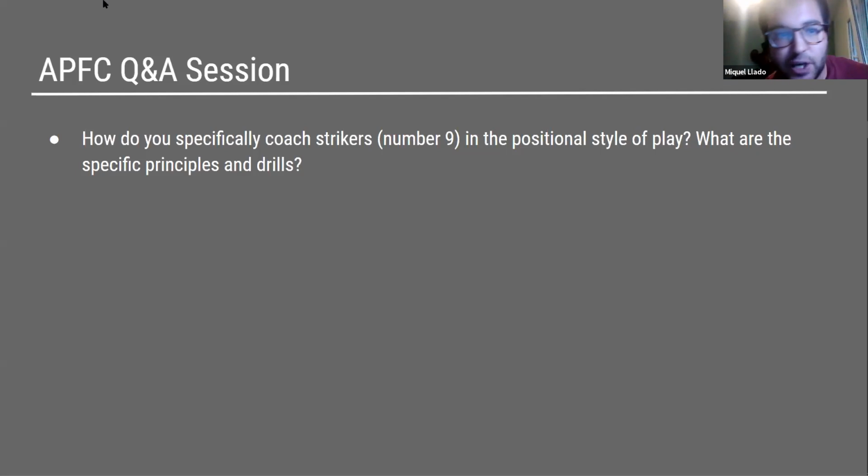Maybe we add one of the fullbacks overlapping on the flank to find a 2v1 situation outside. Maybe what is relevant in the last third is finding a situation to cross the ball inside the box.